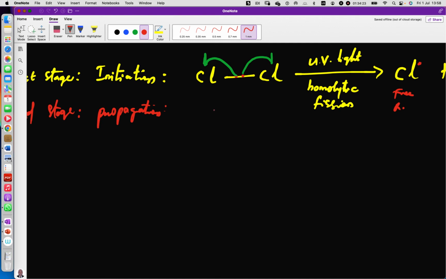So for instance, here I take methane. This is a methane molecule, CH3H, plus a free radical. This is a free radical.